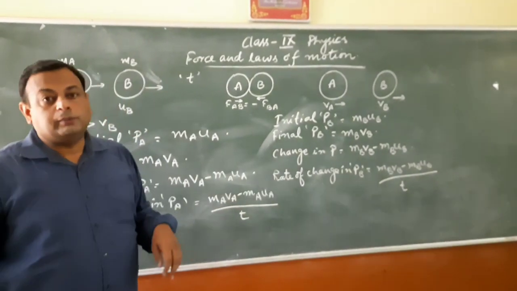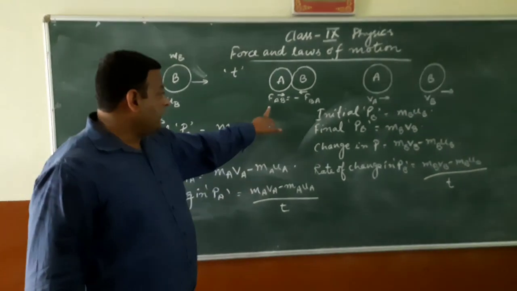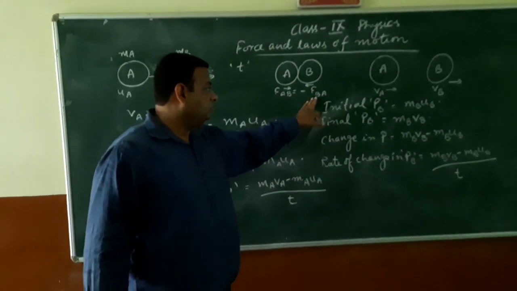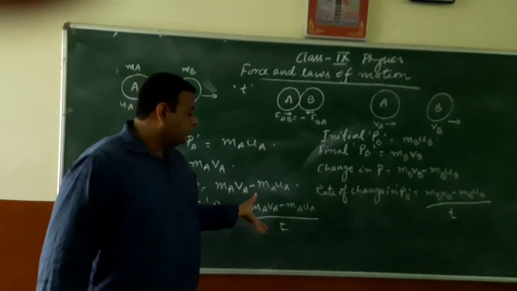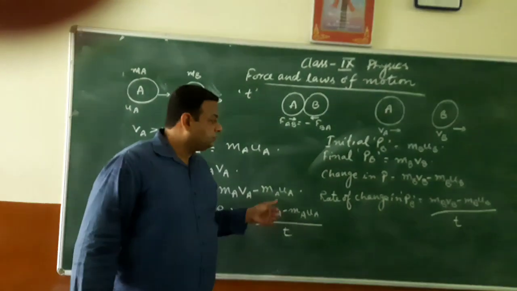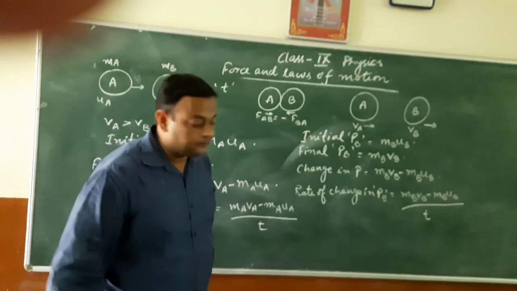Now rate of change of momentum signifies the force. It means FAB is equal to FBA with negative sign, or we can say the rate of change of momentum of ball A should be equal to the rate of change of momentum of ball B with a negative sign.